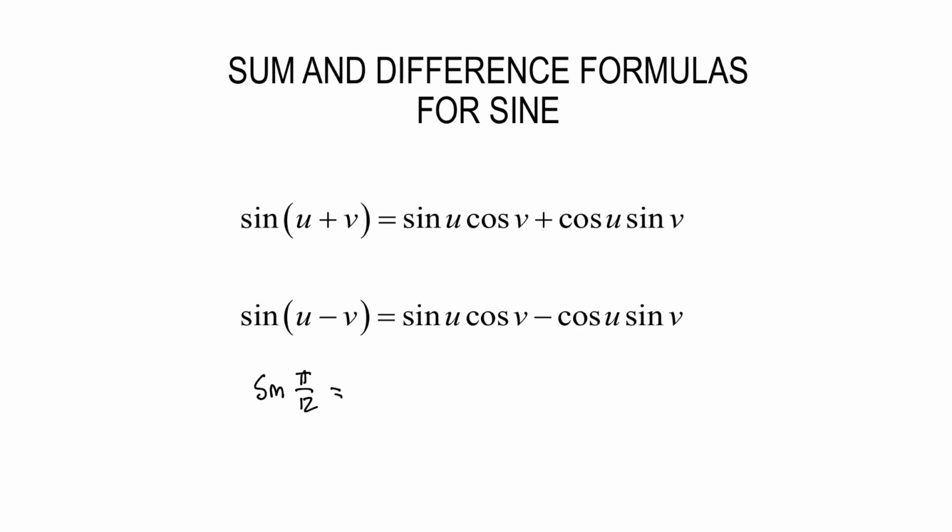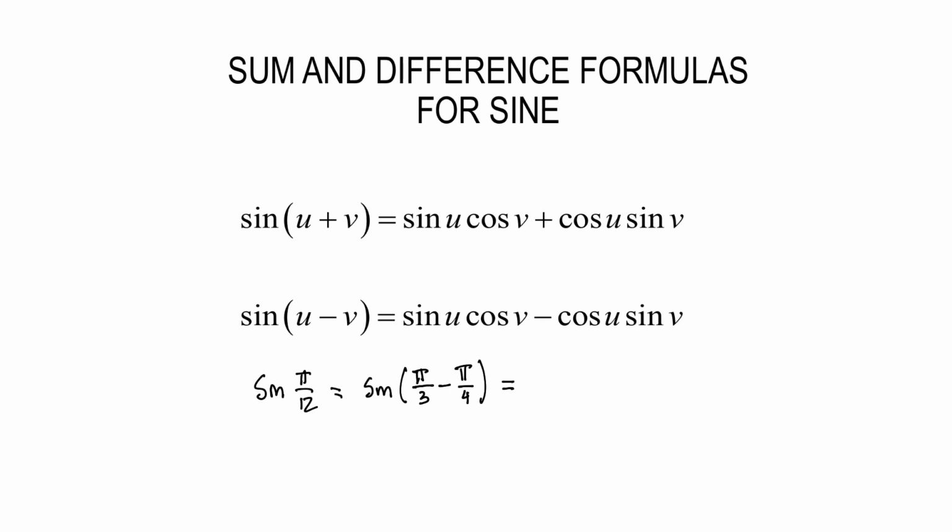So with pi over 12, we can write that as the sine of pi over 3 minus pi over 4, so 60 minus 45.